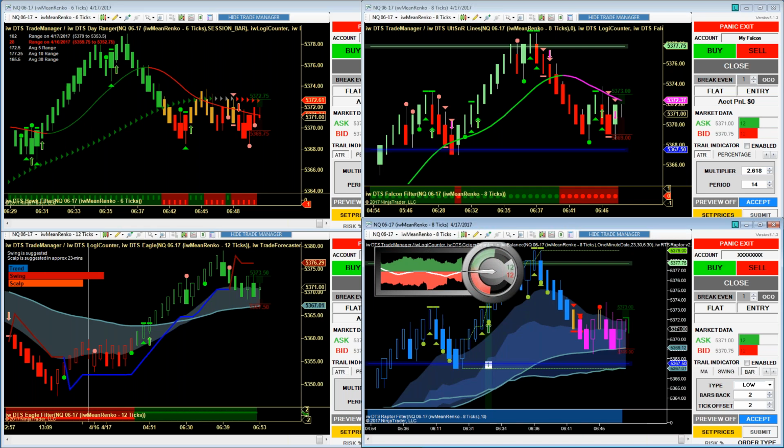Okay, so we're now getting a first micro macro cross lower. The Falcon has produced a trend change signal. My reluctance has to do with the fact we haven't seen a test to the extreme yet.